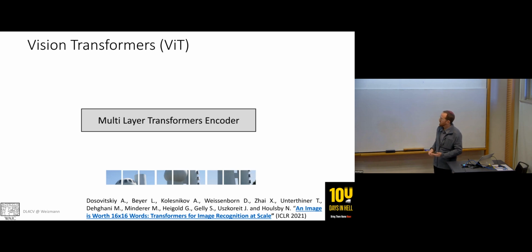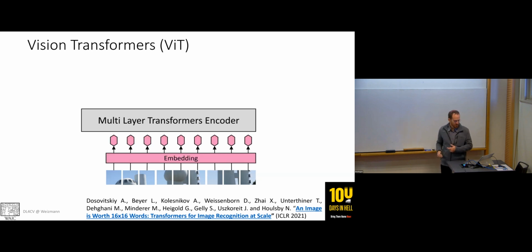As we saw last time, the attention is permutation equivariant. So we want to make sure the transformer knows that these are not just a random collection of patches. There is an ordering here. So we add position encoding for the patches.